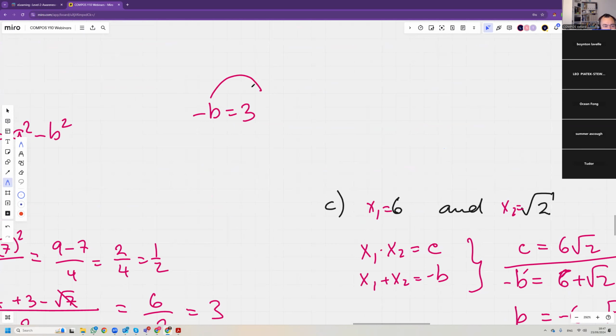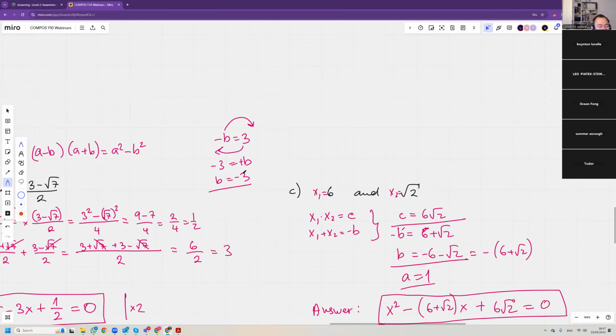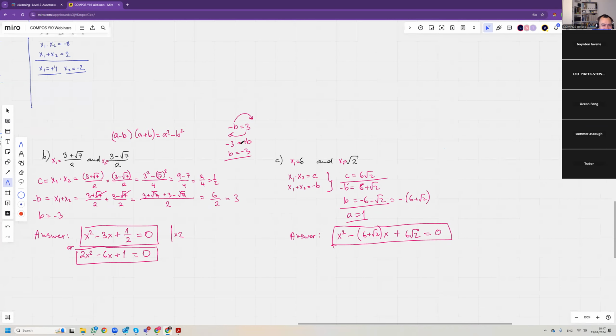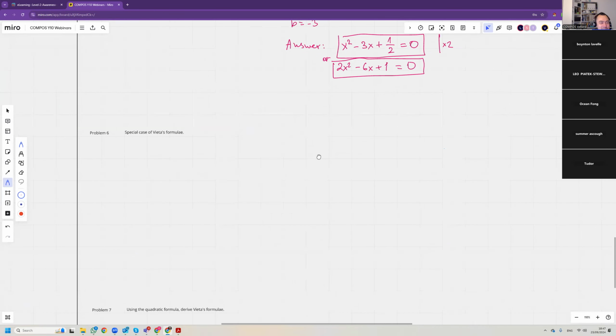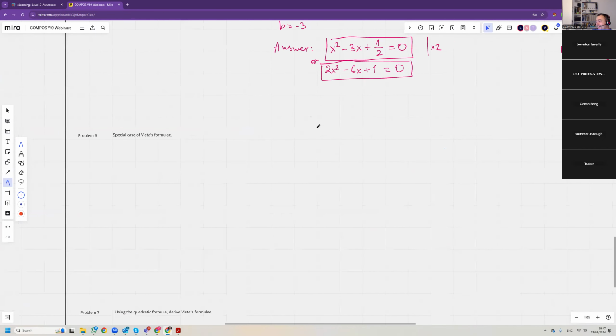So you take minus b to the other side, and you take 3 to this side, so it's minus 3 equals plus b. And then you just flip them around, b equals minus 3. Some people do it that way. I find it disturbing, honestly. Like, so many things to do. Anyways, okay.